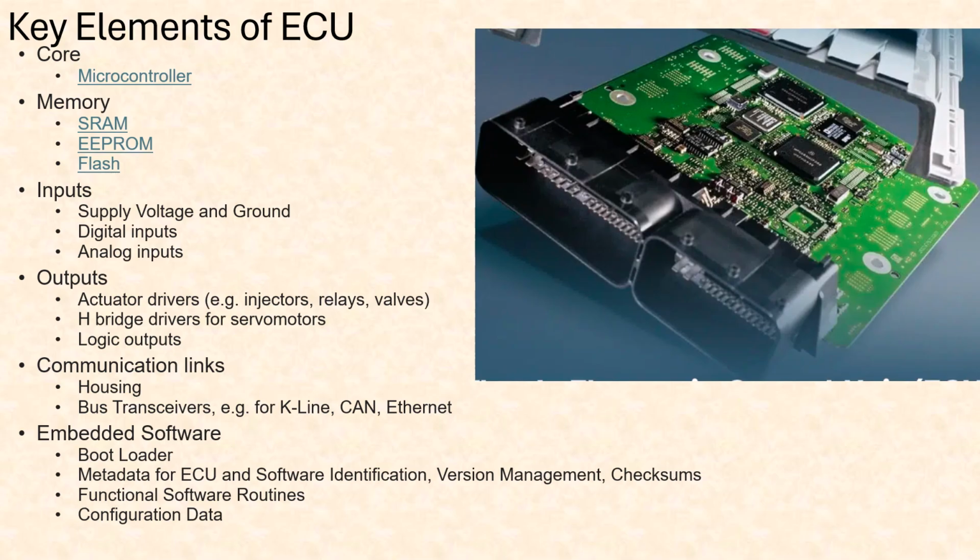And for the embedded software: bootloader, metadata for ECU and software identification, version management, checksums, functional software routines, configuration data. Now these are all the major or common key elements of an ECU.